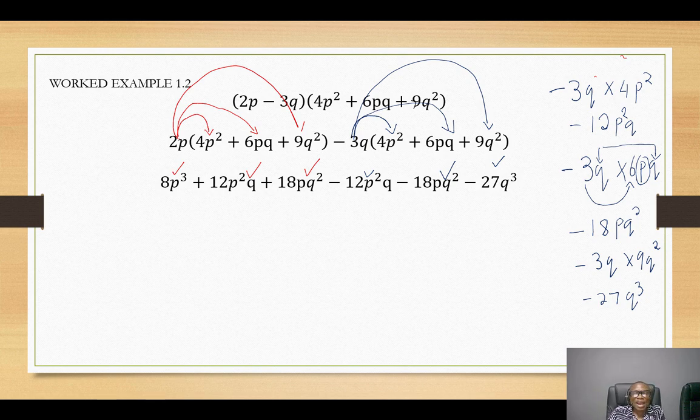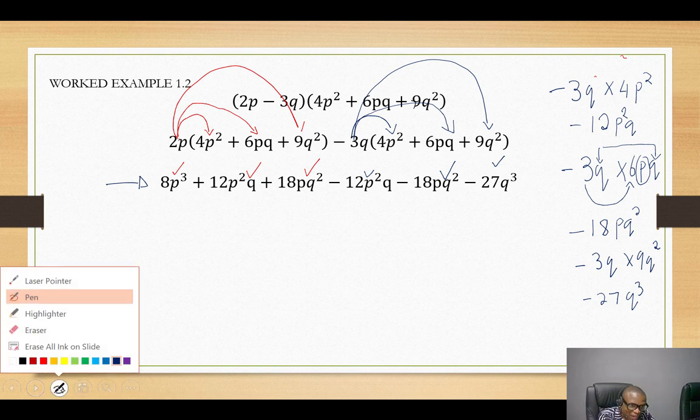Now from here, after finishing your multiplication, don't forget, this is a very important skill in maths. Immediately after you multiply a binomial with a trinomial, I'm referring to this expression here, once you get this, do not forget to add your like terms. So let's write neatly and check.